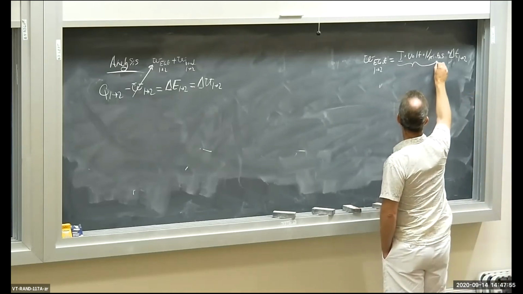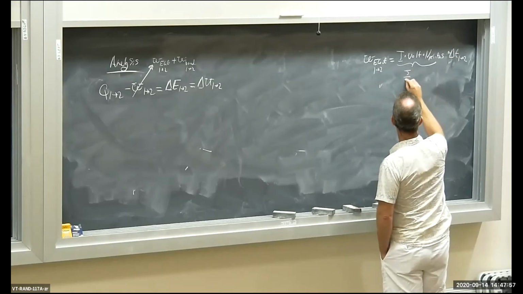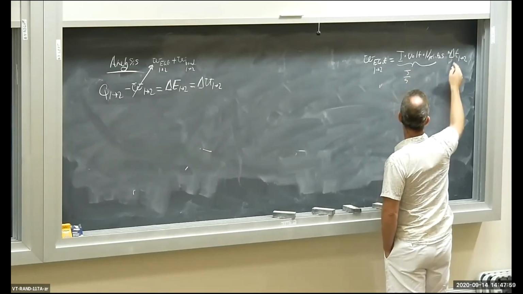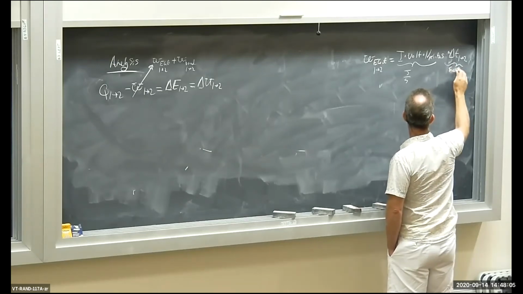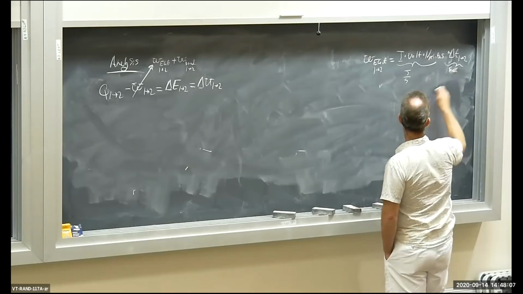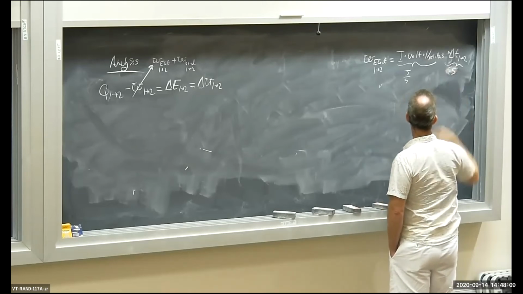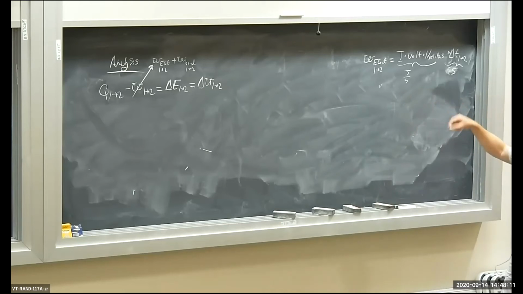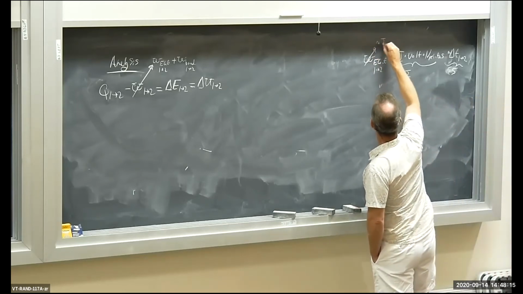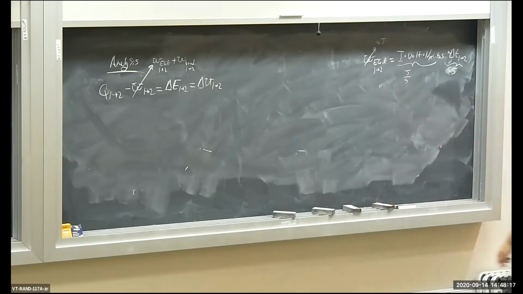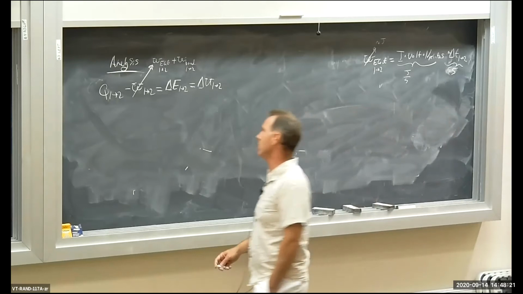This guy here has units of joules per second, and of course, this guy has units of seconds. So the seconds will cancel out, and this guy will have units of joules, all right, or energy. A volt times an amp is a joule per second, or a watt.